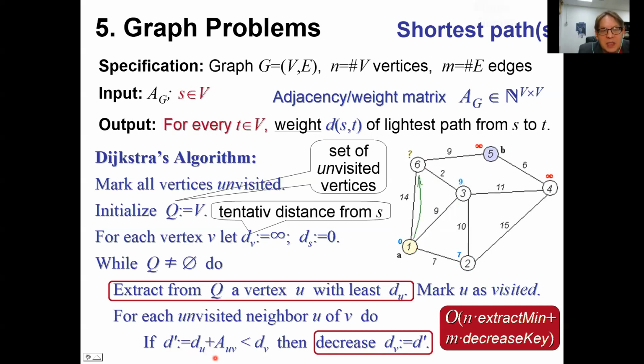As you can see, d prime is calculated in such a way that if the previous best distance from S to U plus the edge weight from U to V is better than the previously calculated distance from S to V, then it is replaced by this new quantity.